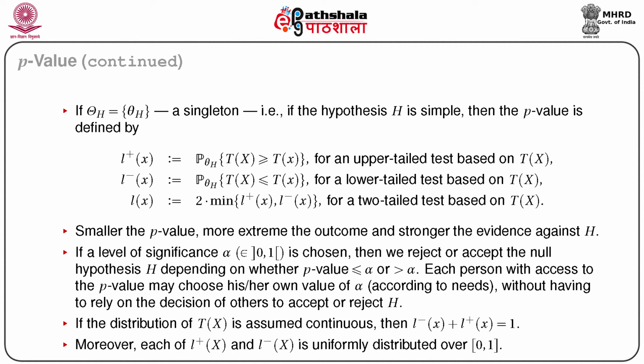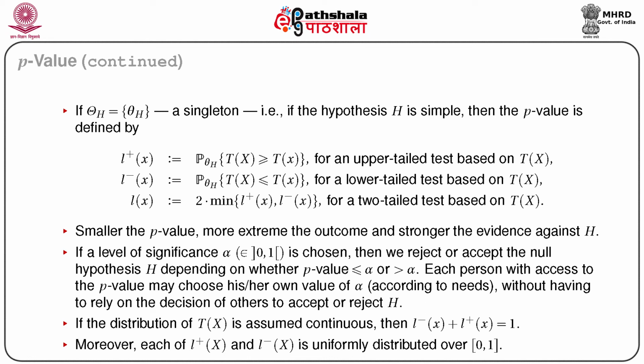And if the test is a left-tailed test, then we can define the p-value as L minus x equal to probability under theta, Tx less than the observed value, plus half times probability under theta, Tx equal to the observed value, for all theta belonging to script theta H, that is, all the probabilities are calculated under H naught.